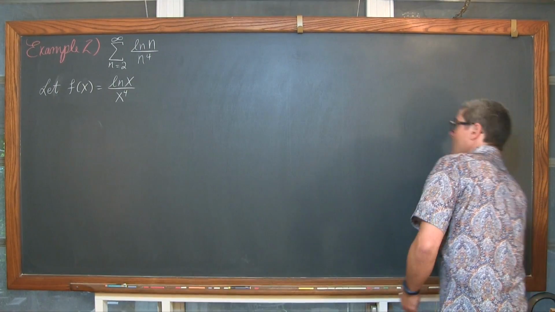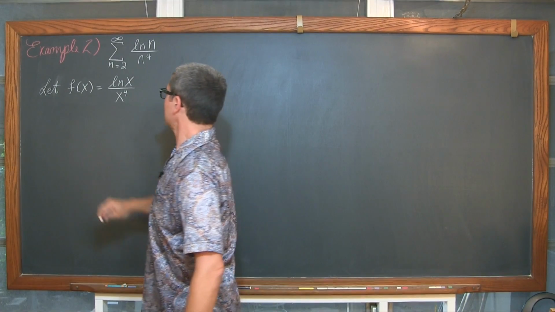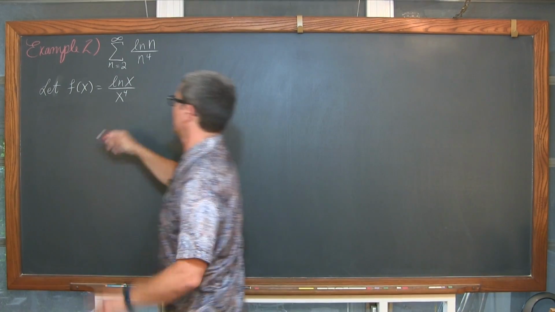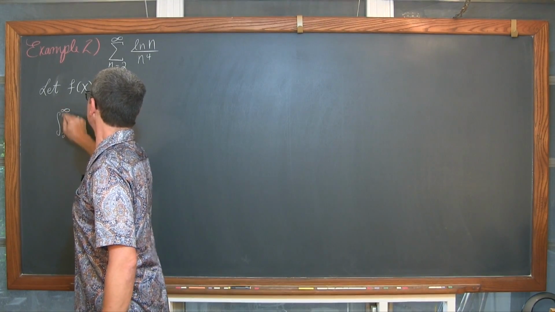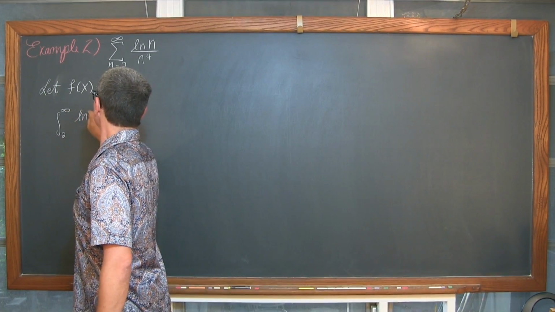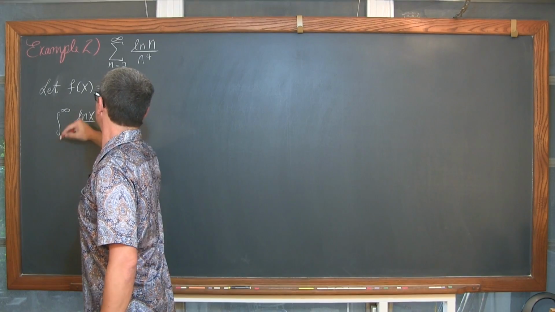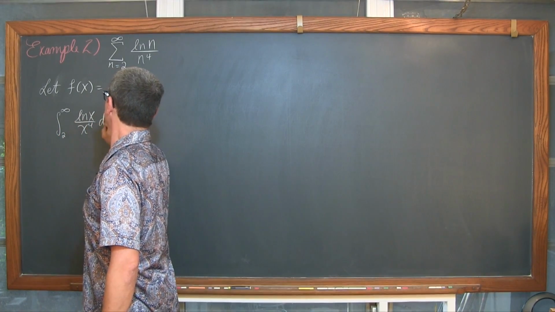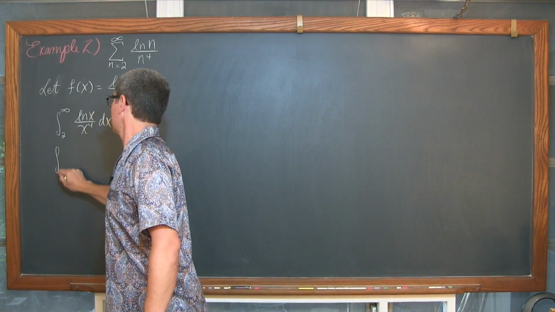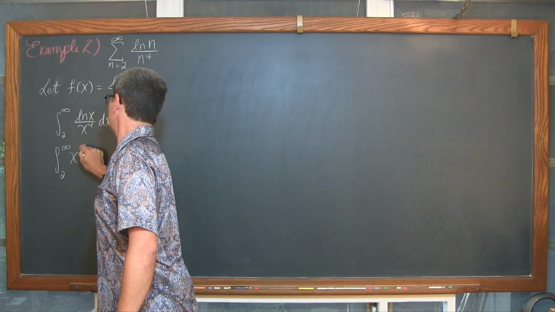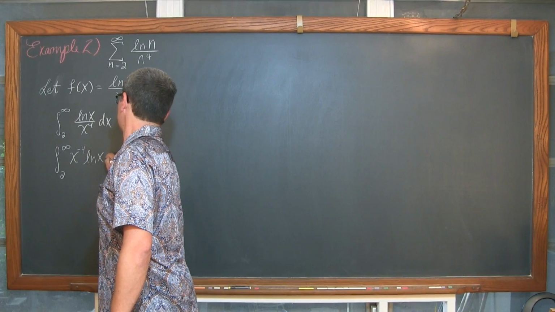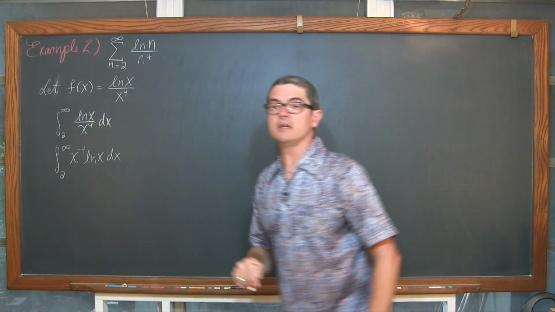Okay, which means that we need to look at, let's just put it over here, the definite integral from 2 to infinity of the natural log of x over x to the 4 dx. Now we're looking at the definite integral from 2 to infinity of x to the negative 4 natural log of x dx.